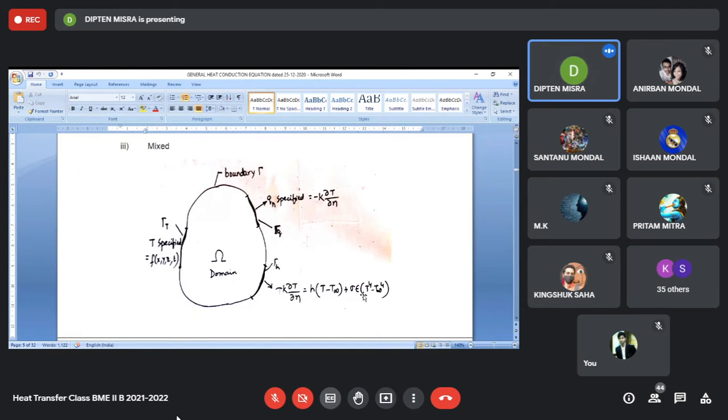Now, suppose we have a body whose temperature is not very high. Then there will not be much radiative heat transfer, because for radiation to be appreciable, we must have a sufficiently high temperature of the body. If its temperature is not of the order of maybe 1000, but maybe a few tens or part of 100, maybe 70, 80, 30, 40, something like that, then in that range of temperature the magnitude of radiative heat transfer will not be significant, it will be negligible.